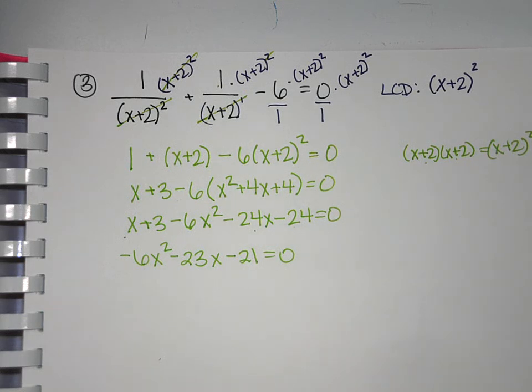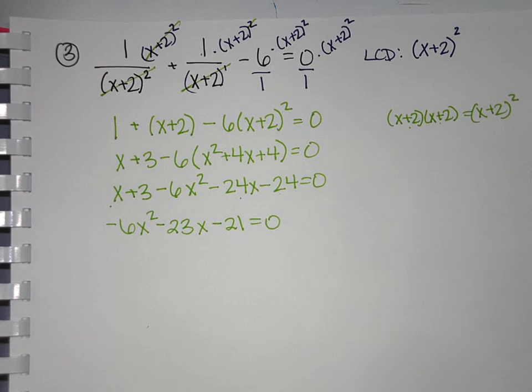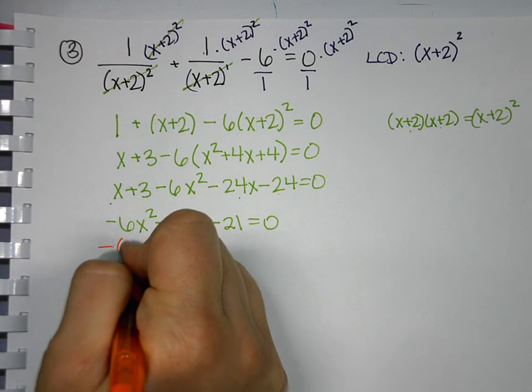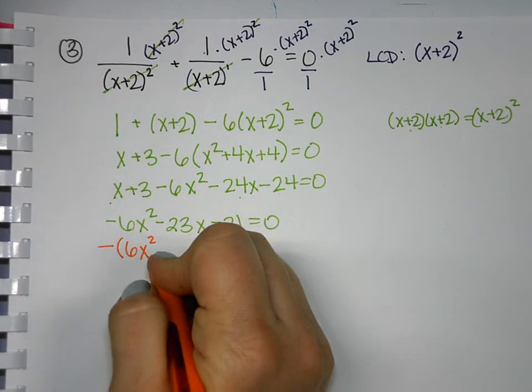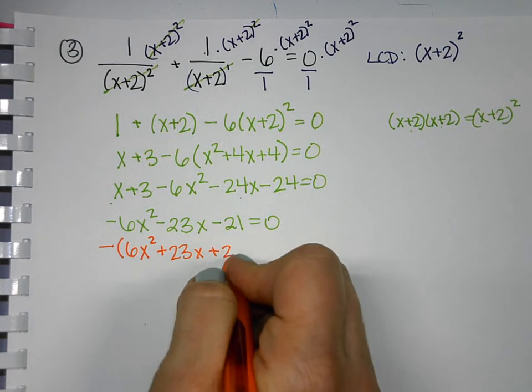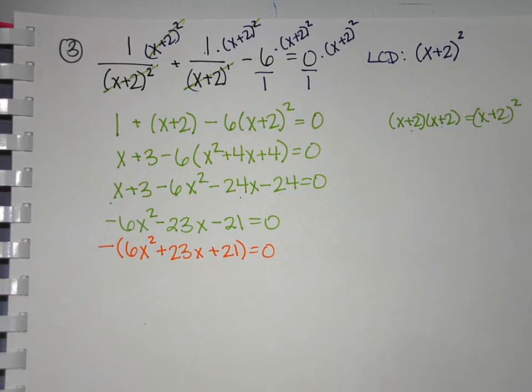And so I have a personal preference where I don't like negative leading coefficients. So I'm going to factor out the negative, and that's going to change my signs to positive on the inside. And all that does for me is it just makes it a little bit easier, because now I have one less, I have a negative I don't need to worry about.